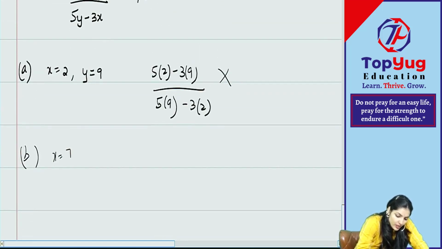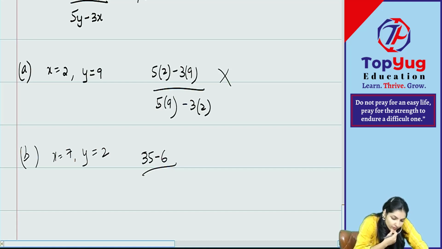So x is equal to 7, y is equal to 2. So 5 7s are 35 minus 6, and then again the answer would not be there. B is wrong.